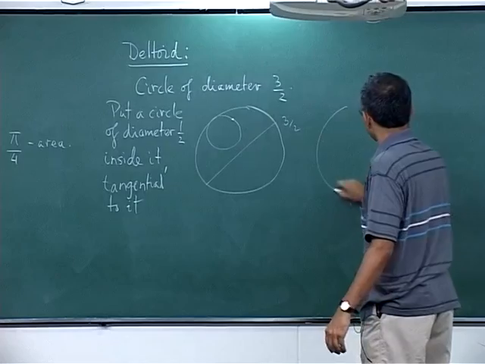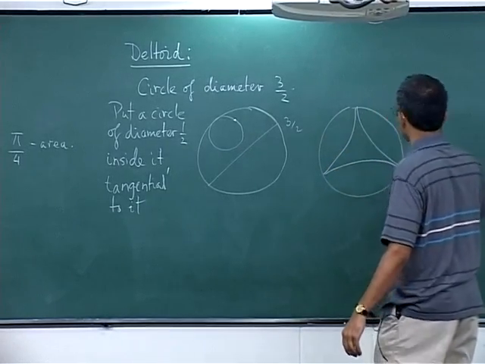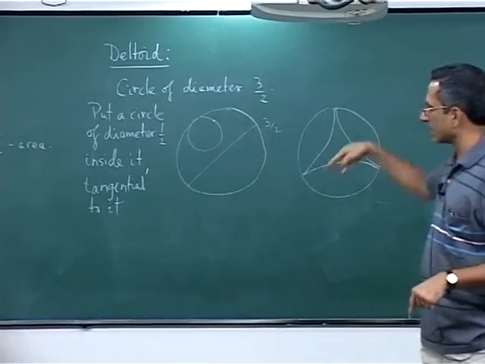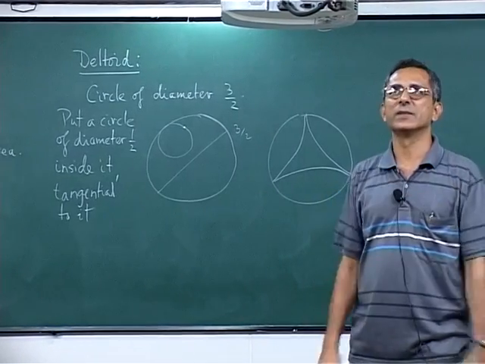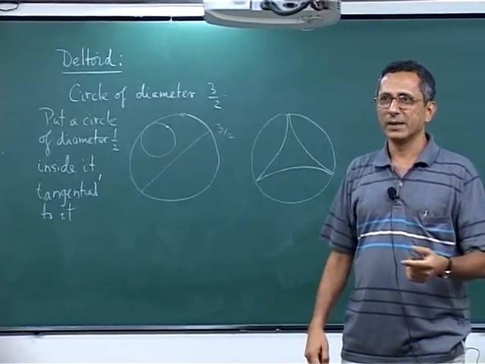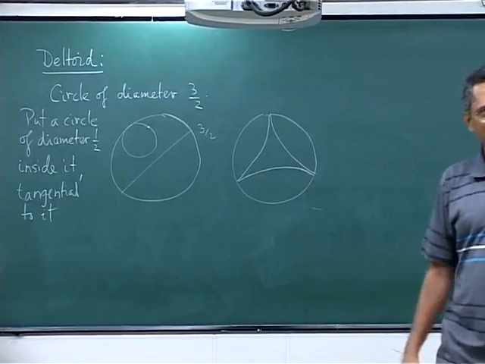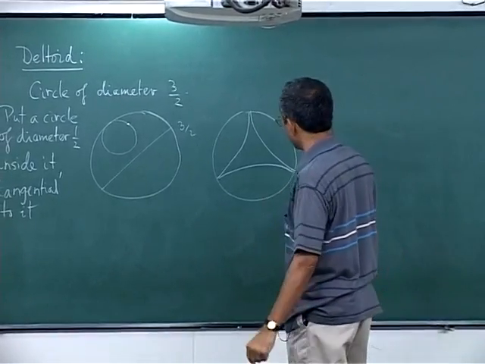What you will get is what is called a deltoid. It will be something like this. It will touch the circle exactly at 3 points, because the perimeter of the outer thing is 3 times the inner thing, pi into the diameter, right? Diameter of the outer thing is 3 times, so it will touch it exactly in these 3 places.